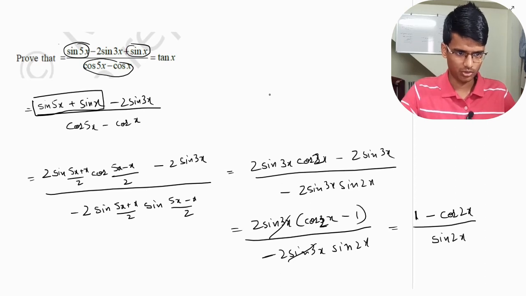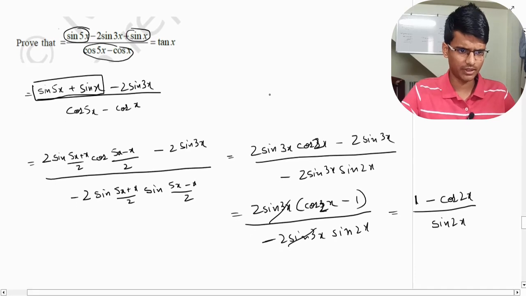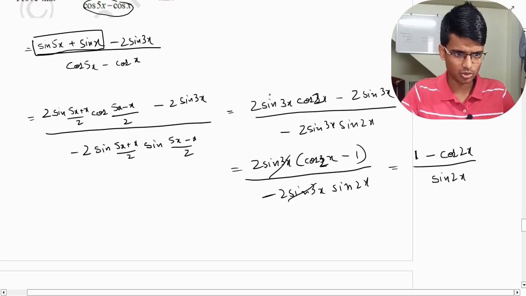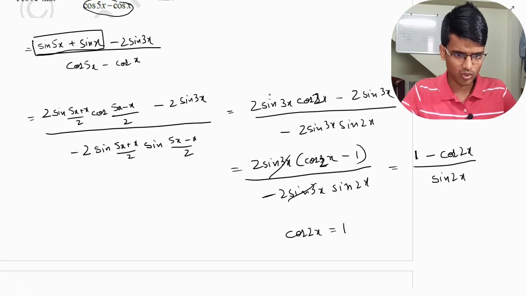Listen to me carefully. We know what cos 2x is. In terms of sin square x, it is 1 minus 2 sin square x, right? We know this formula. If I send 2 sin square x to the LHS, I'll get 1 minus cos 2x, right?